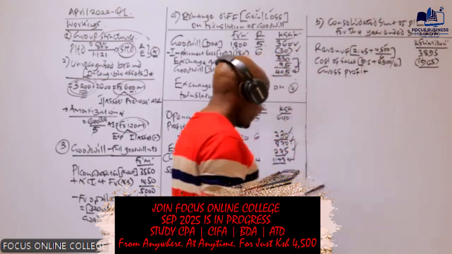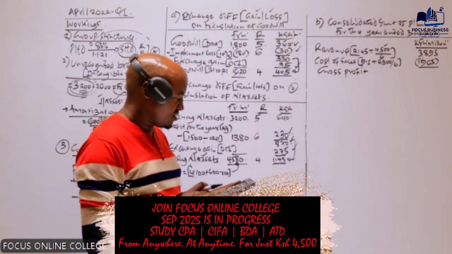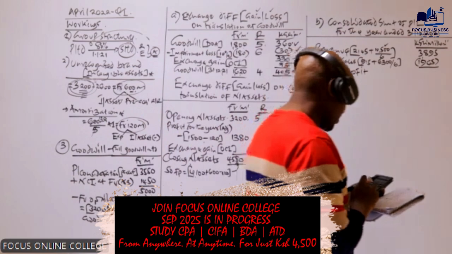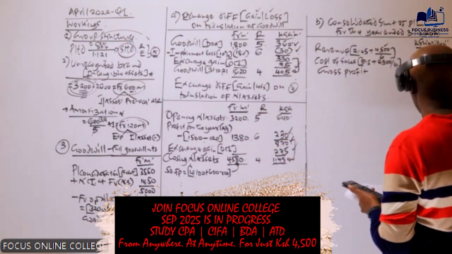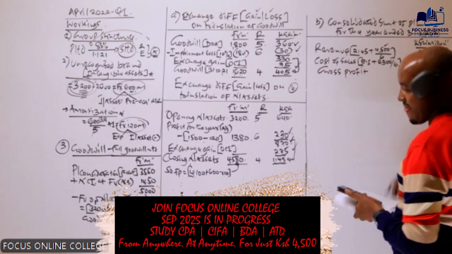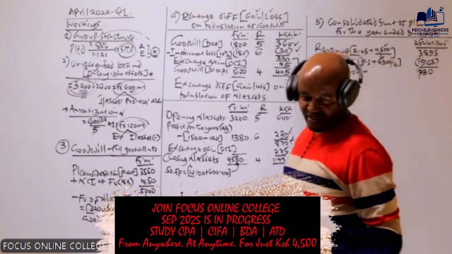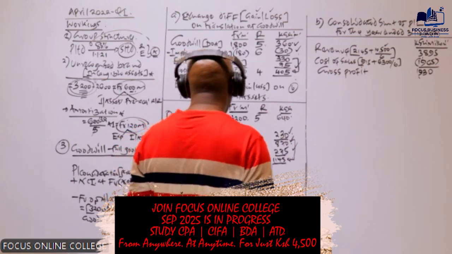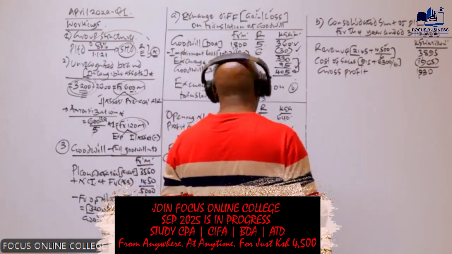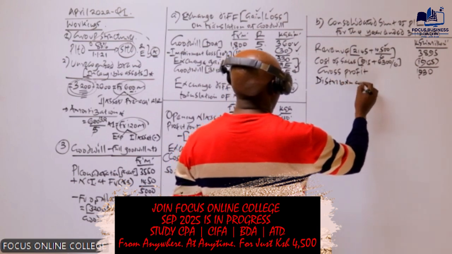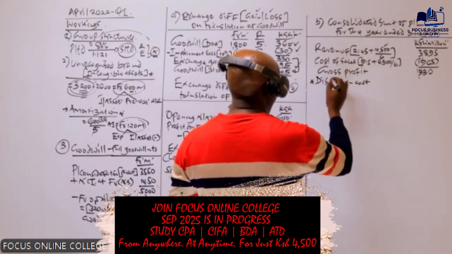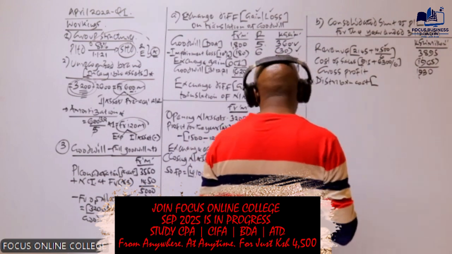The gross profit would be how much? I'm getting 1390. Then from there we have the distribution cost. In all group accounts questions, these items do not have any adjustments.